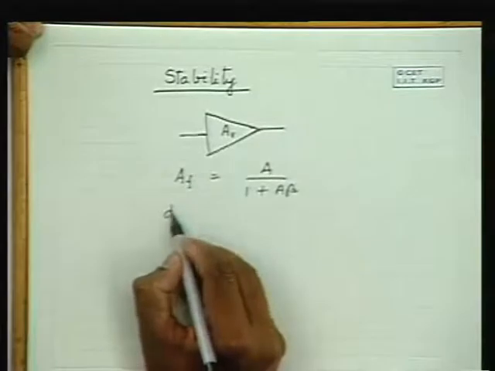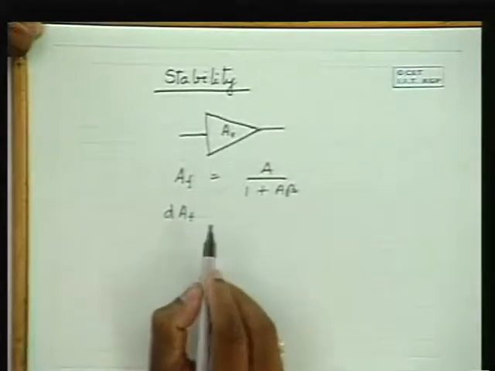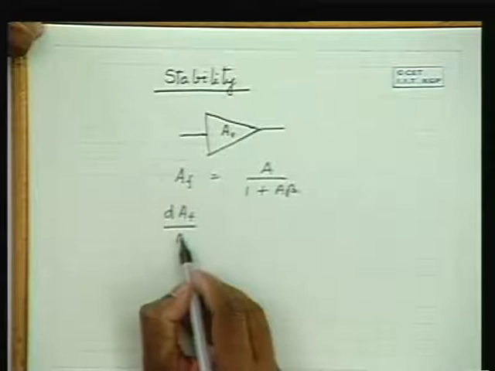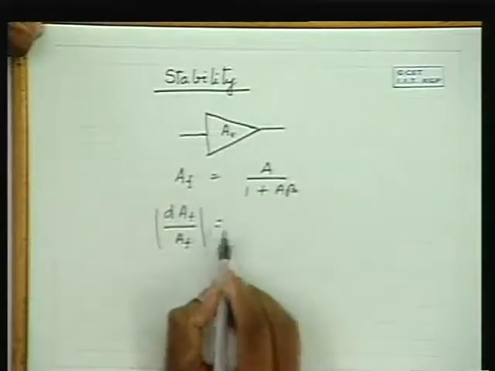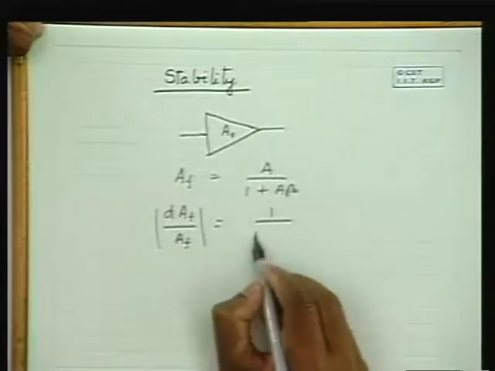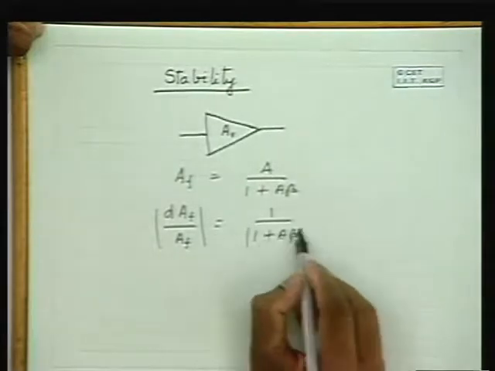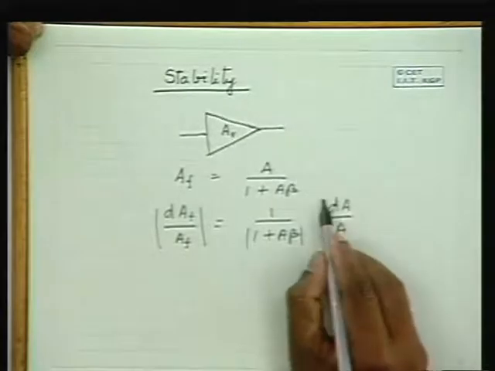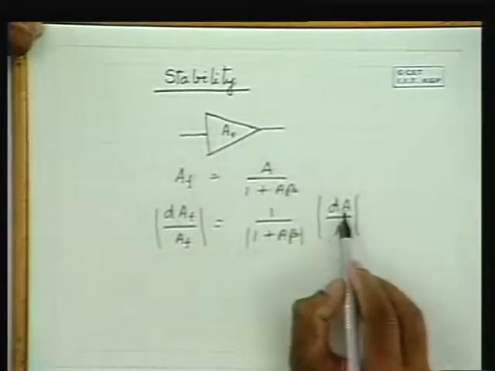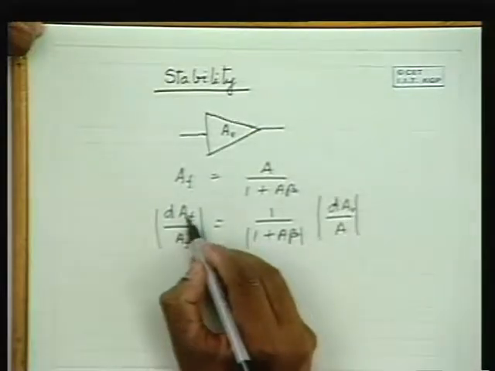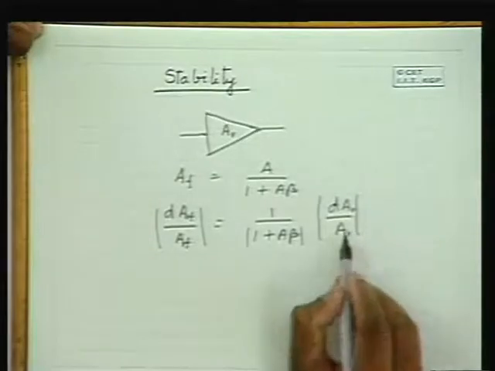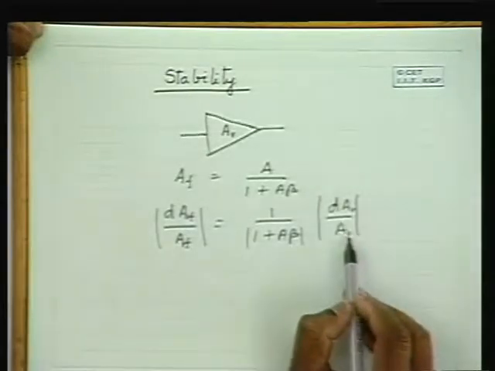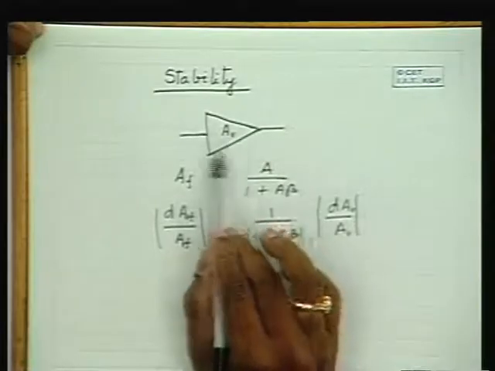Now if you differentiate AF with respect to A, and you normalize it with respect to AF, you will find that this is equal to 1 by 1 plus A beta times dA by A. If there is a change in AV, actually AVF, if there is a 50% change, that means dAV by AV is 0.5 in the amplifier.